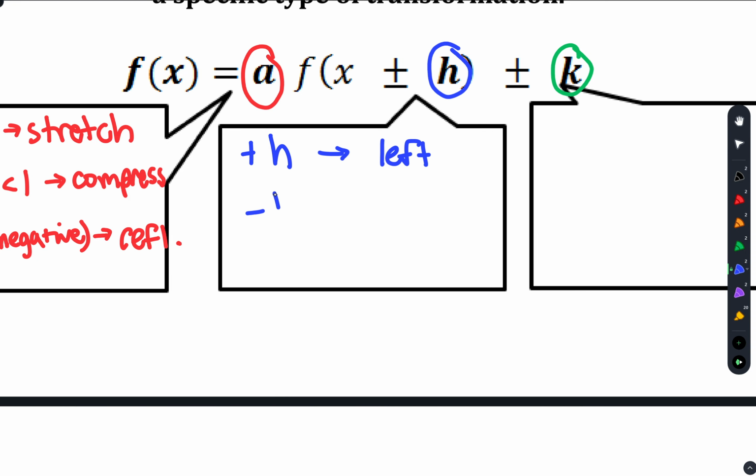And when I subtracted a number, that moved to the right. That's what we figured out on Desmos. This is a little counterintuitive, because usually when you think of going to the right, you're thinking about going more positive. So maybe make yourself a note that this is the opposite of what you think.